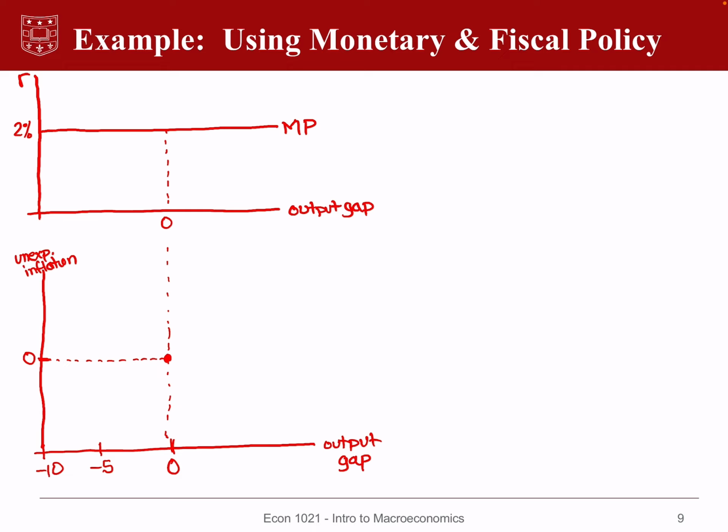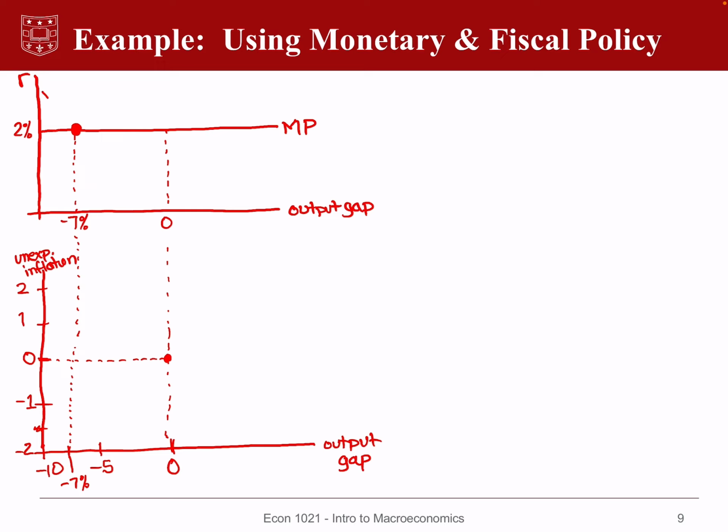So -2, -1, 1, 2. And again, let me just sketch this in. Let's call that -7. And our starting point is that this is our equilibrium according to the problem.